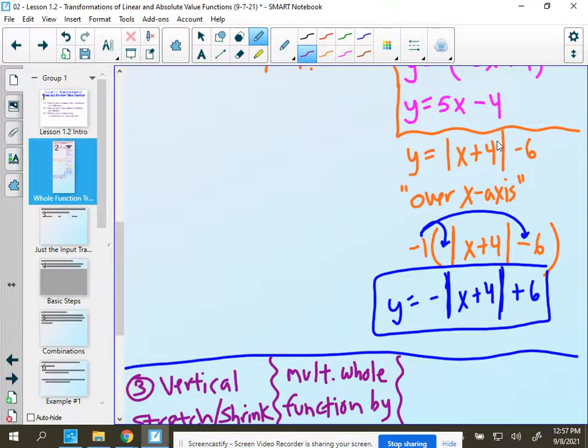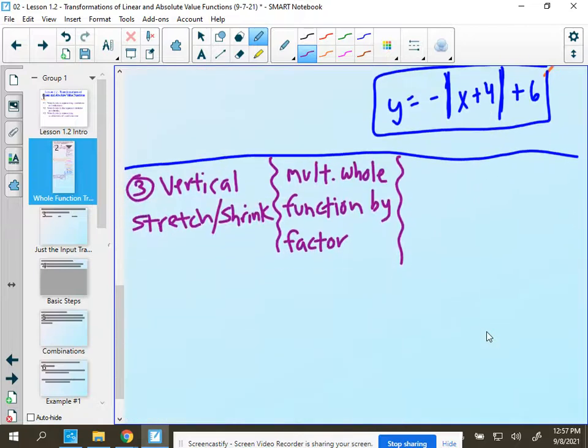What we're going to do right now for our example is going to look very similar to what we just did. So linear, absolute value, let's do it. Here's my original: y equals 3x plus 1. The direction would be to stretch it by a factor of 5.